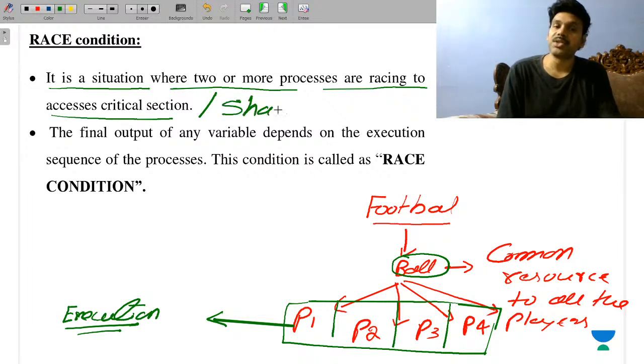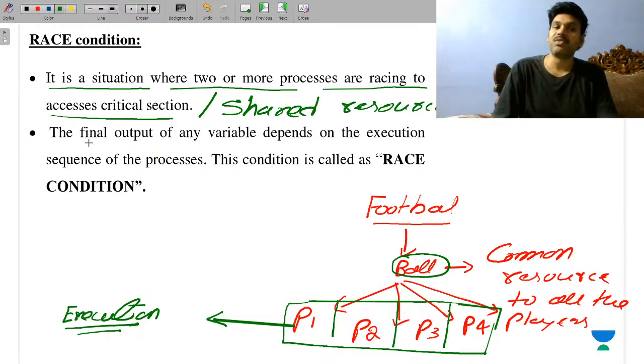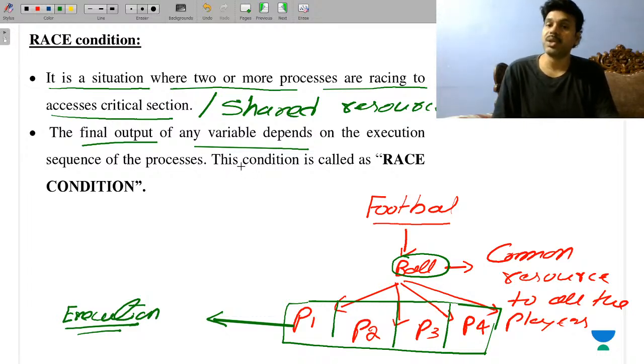Whenever you have a shared resource, there may be a chance of a race. Whenever concurrent execution is eligible, there is a race. So when there is a race among the processes to acquire the shared resource, your final output depends only upon the one who executes last.